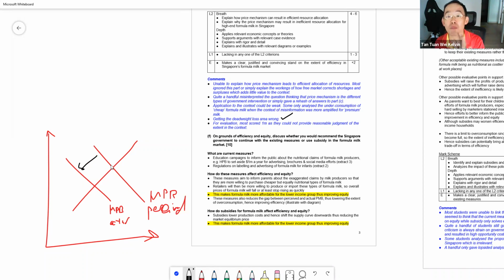There's no more misperception. This will be the only MPB that exists in the market. So it's like this MPB perceived, either you can say shift to the left or it vanishes.